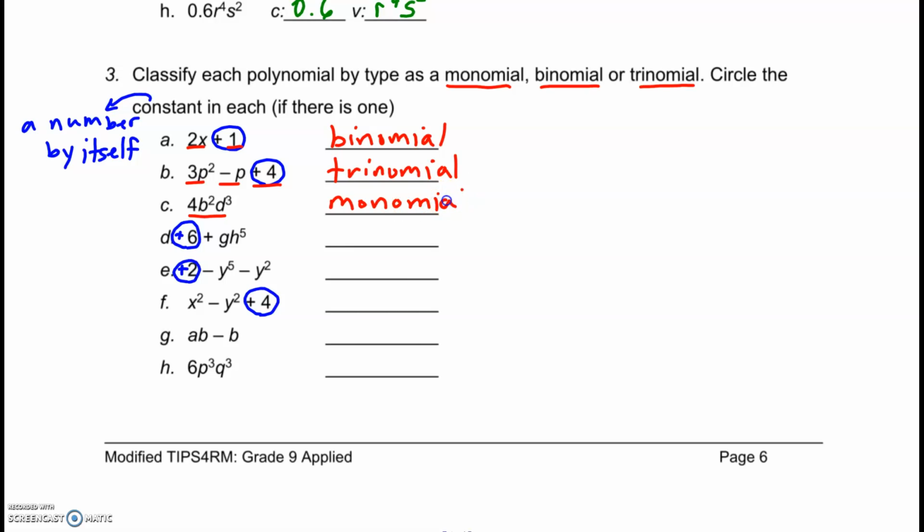Okay, you should pause the video here and see if you can finish the rest of these without me, and when you come back, let's check if we have the same. All right, we have 1, 2 terms, so that is a binomial. For E, 1, 2, 3 terms, that's a trinomial.